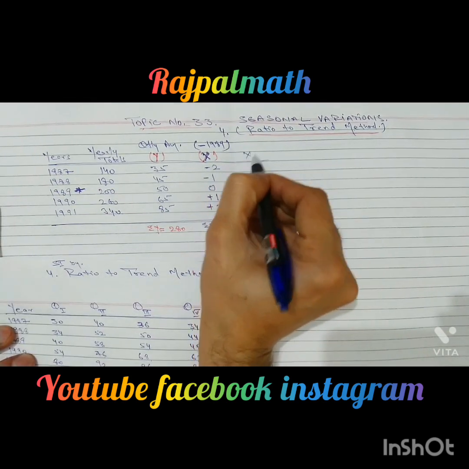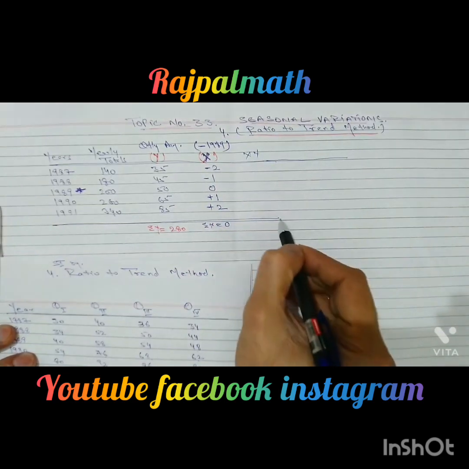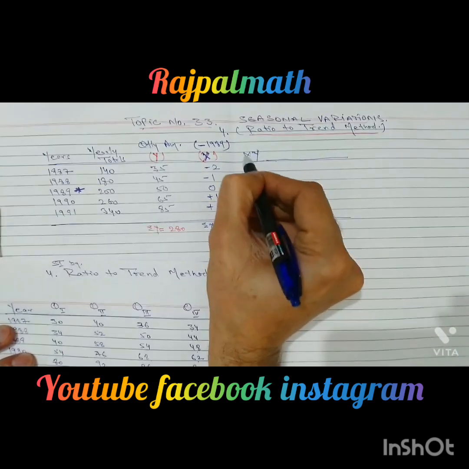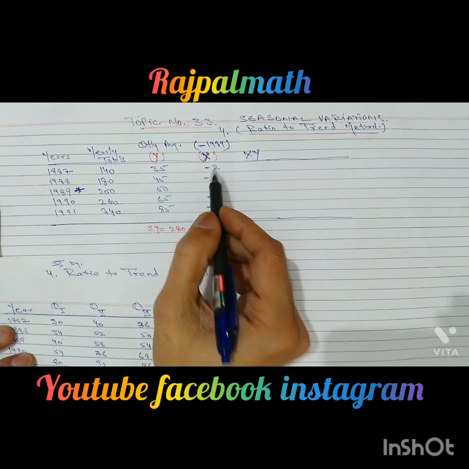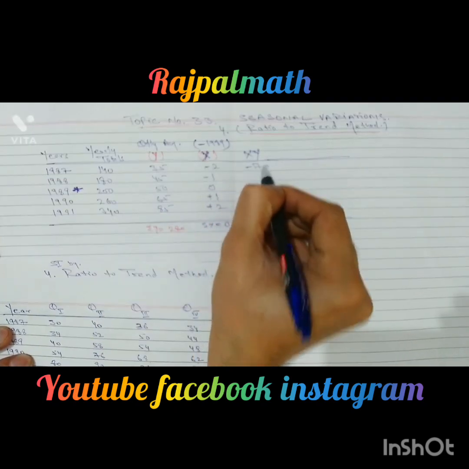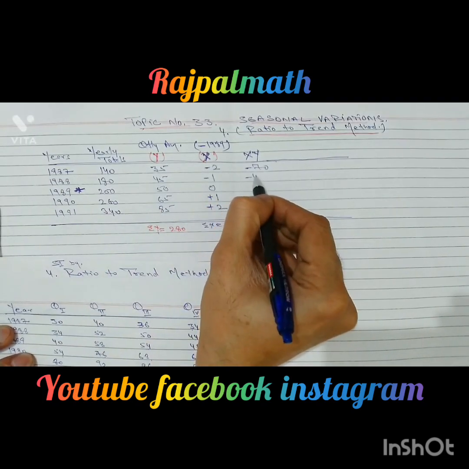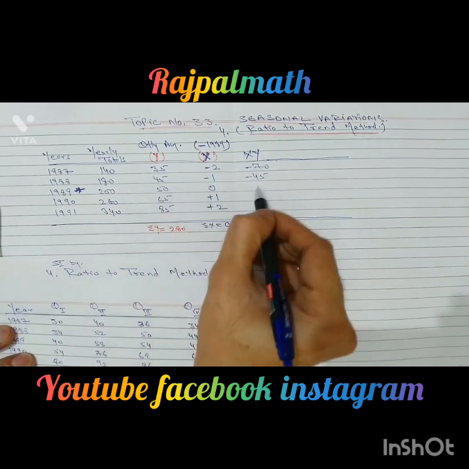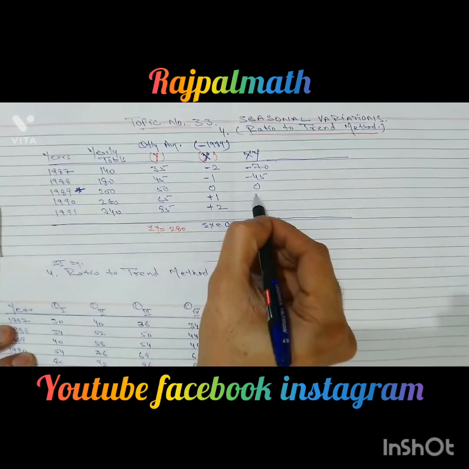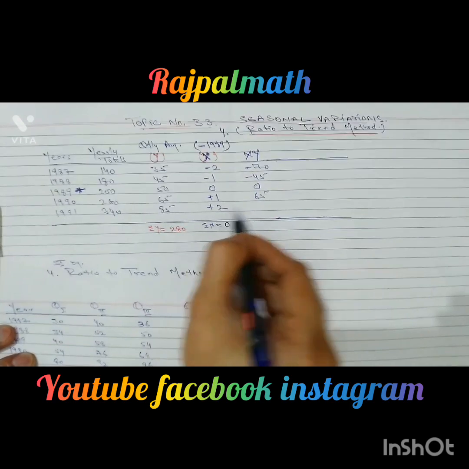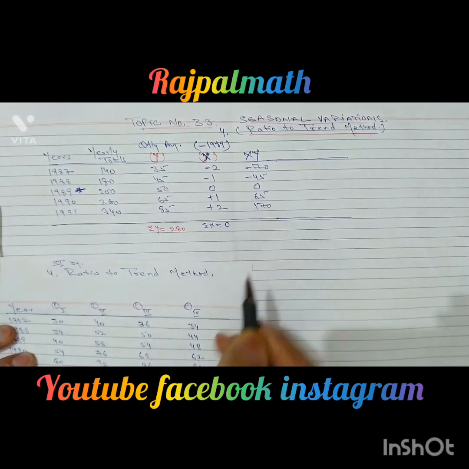Now find X into Y. This into this, minus 70. This into this, minus 45. This into this, 0. 65 into 1, 65. 85 into 2, 170.